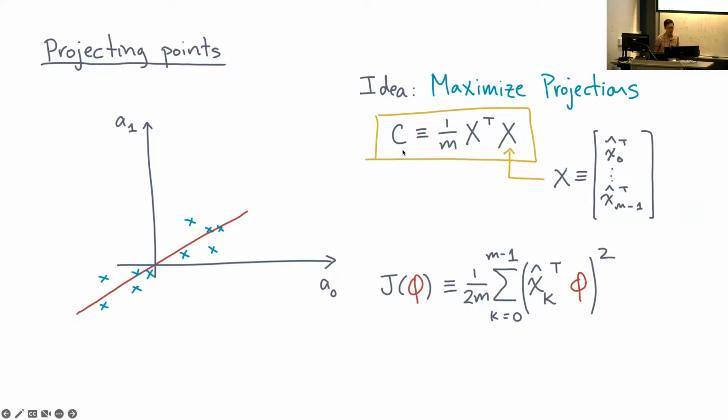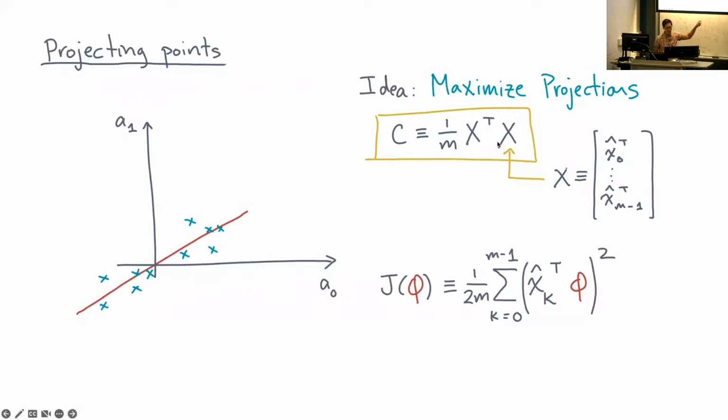For that, I will introduce this matrix capital C. If I take my usual data matrix, where I've taken the data points and mean-centered them, I get this mean-centered data matrix X. If I calculate X transpose X and divide by M, where M is the number of data points, this is the matrix I'll call C. This is also a statistical object.